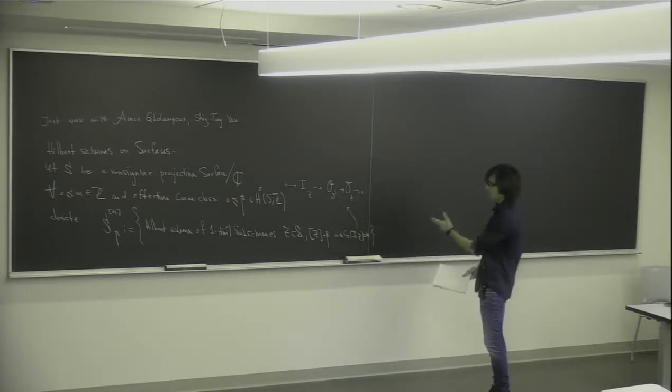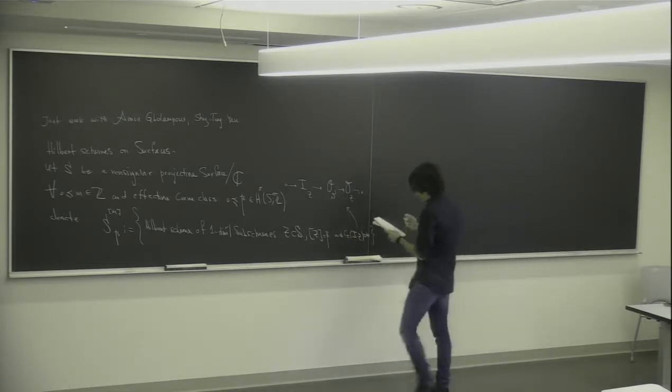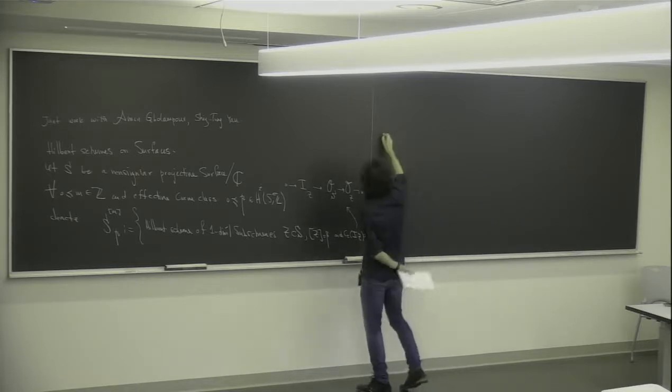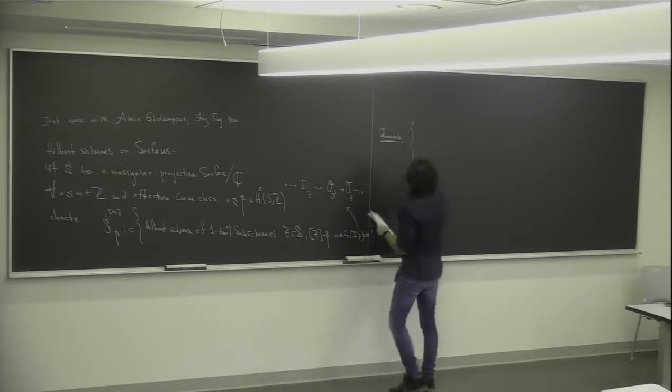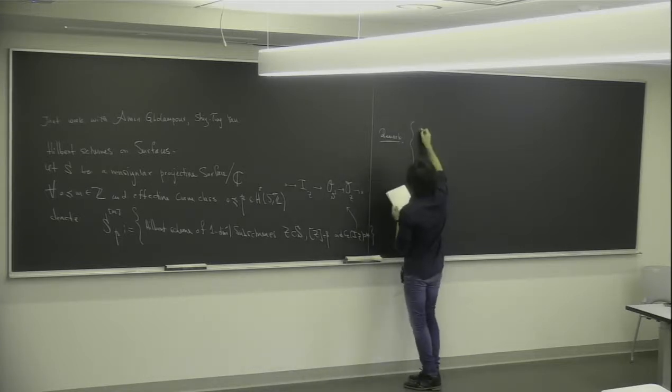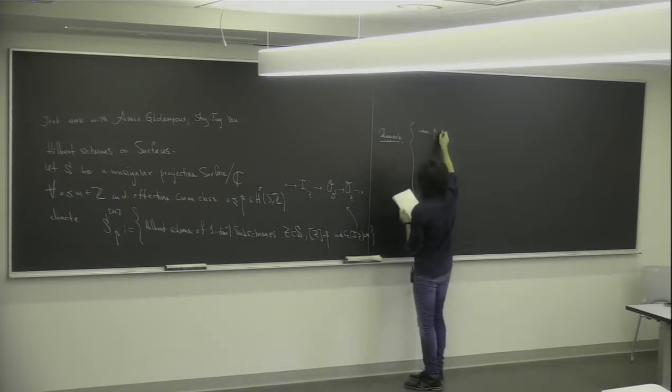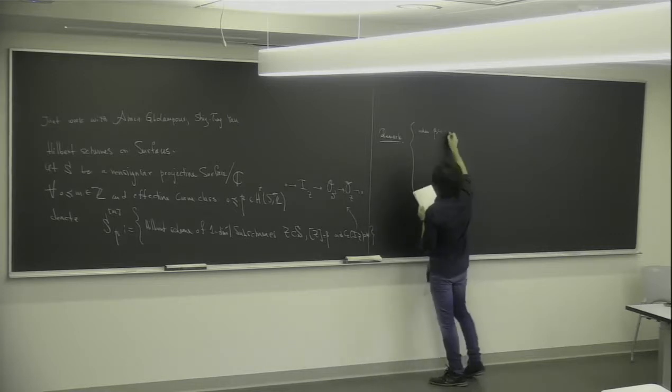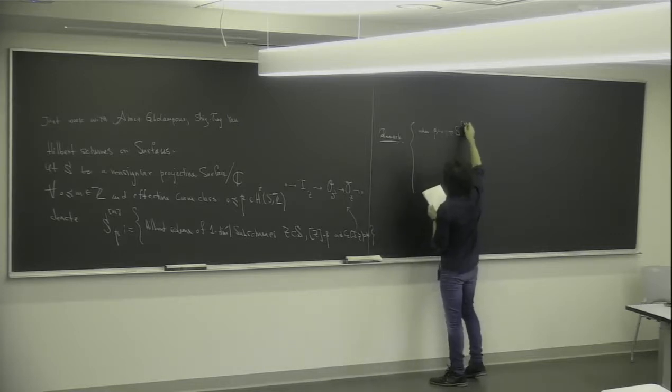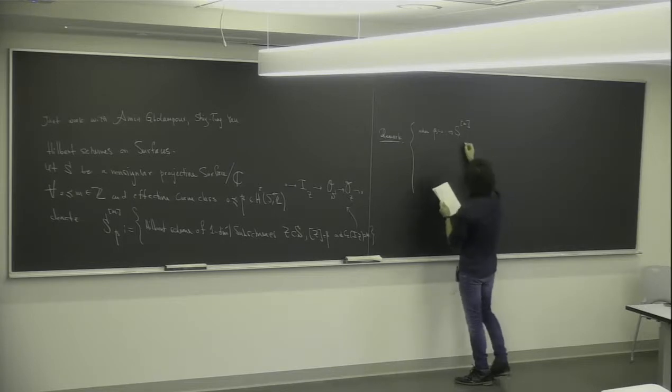Now the Hilbert scheme parameterizes ideal sheaves of subschemes. Now some remarks. When beta is equal to 0, we will be talking about the Hilbert scheme of points only.